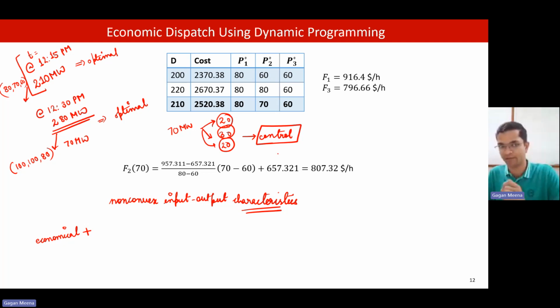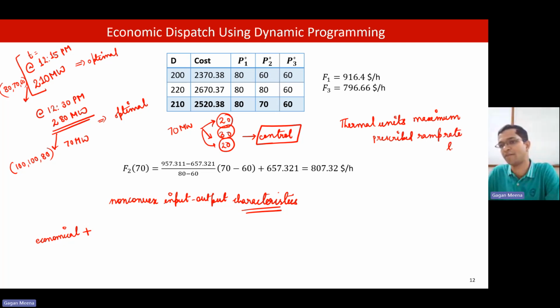But there is a problem: thermal generators or thermal units have a maximum prescribed ramp rate limit. That is how much these generators can increase or decrease their output every minute.